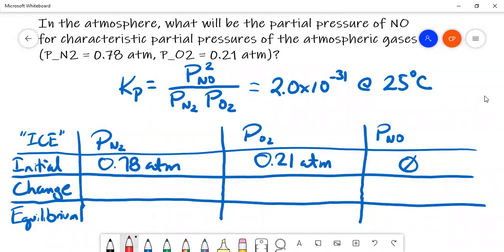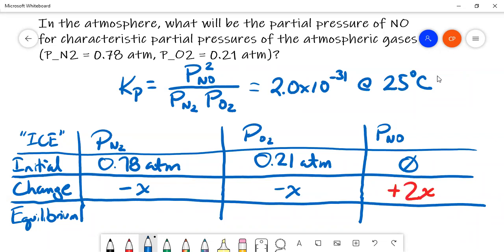Pressure of NO is plus 2x compared to the minus x's that result from the removal of N2 and O2 from the reactants. The coefficients, again, come from the coefficients in the chemical equation.